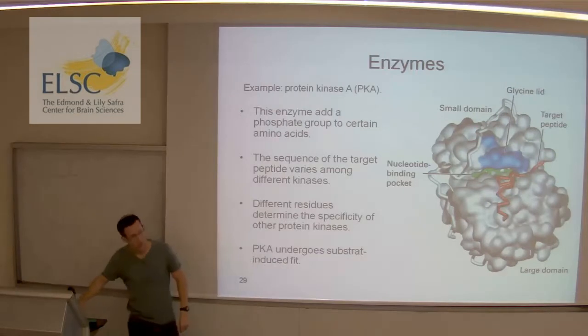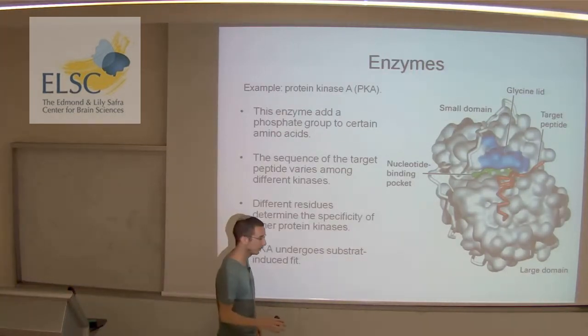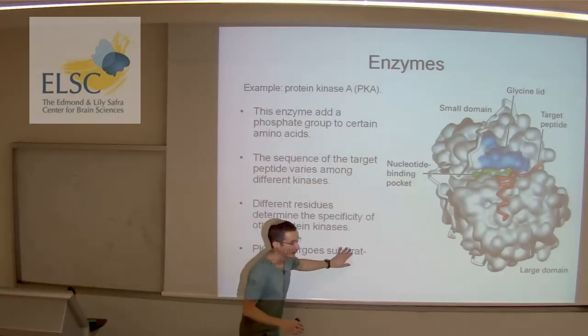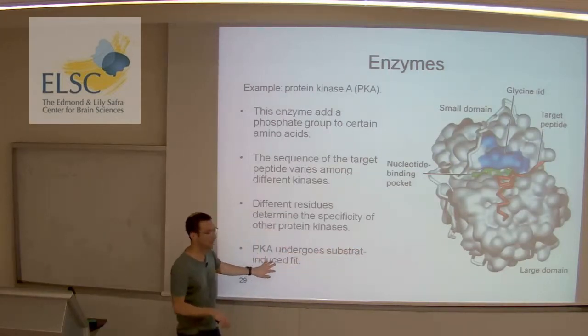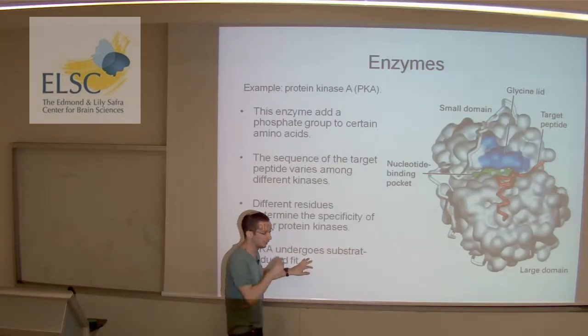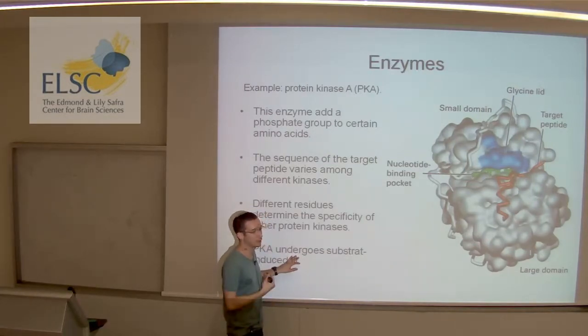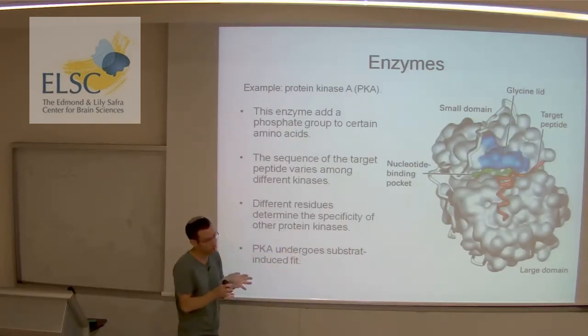Okay, so again, I'll clarify it again. Substrate-induced fit is a specific case of the feature that we mentioned in the tertiary structure context, that the tertiary structure undergoes continuous fluctuations.